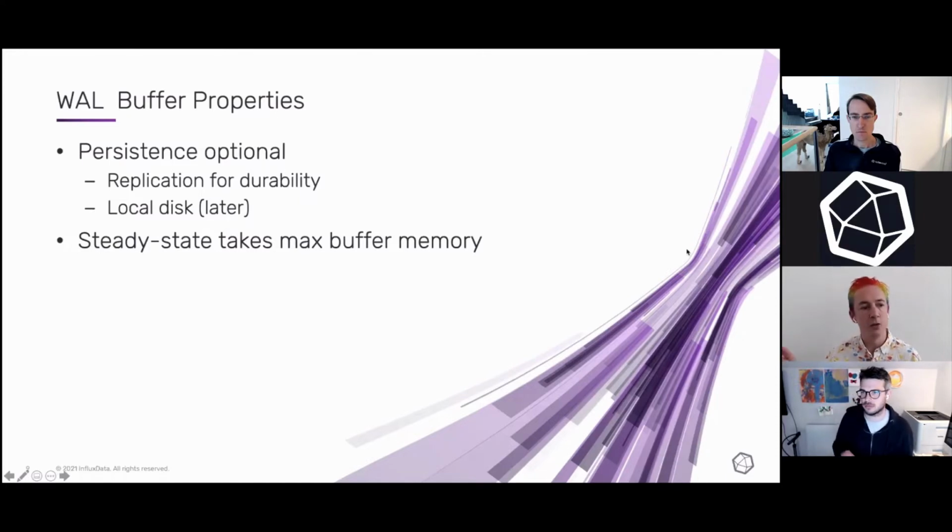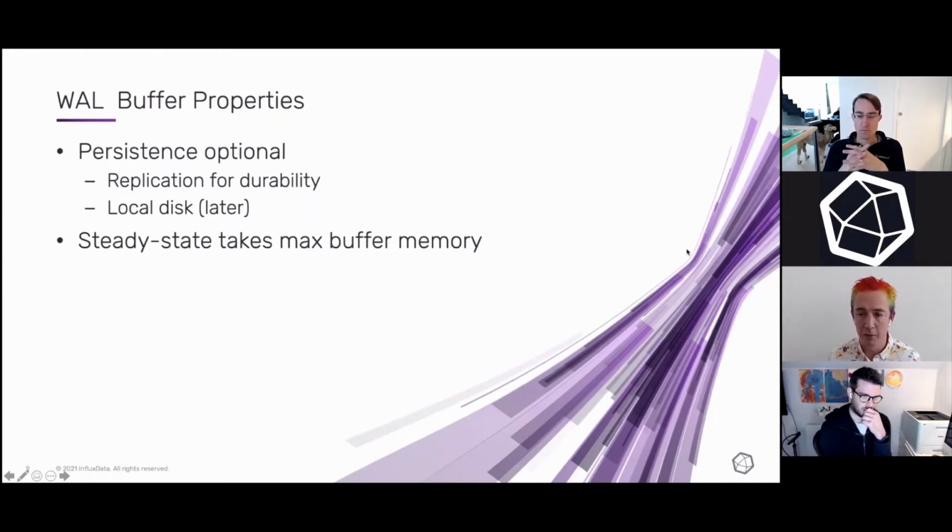So it's continuously going to have that 1 gigabyte of memory taken up, which makes it nice for subscribers, because they can pull the data directly out of memory as opposed to going to disk or something like that.